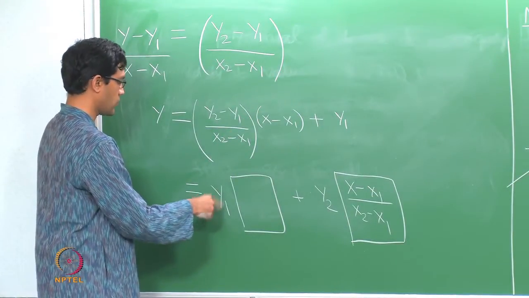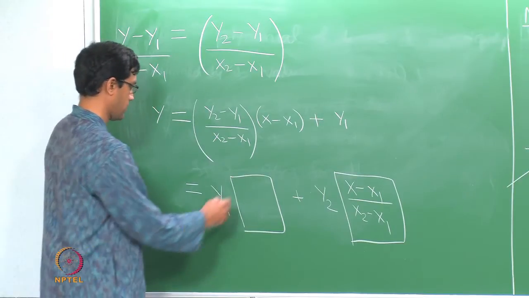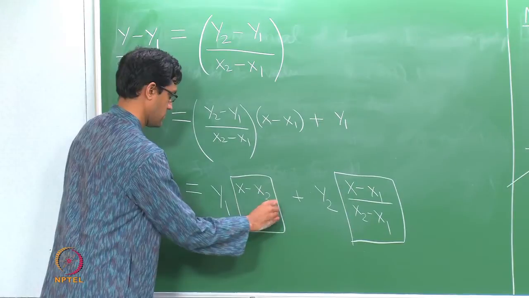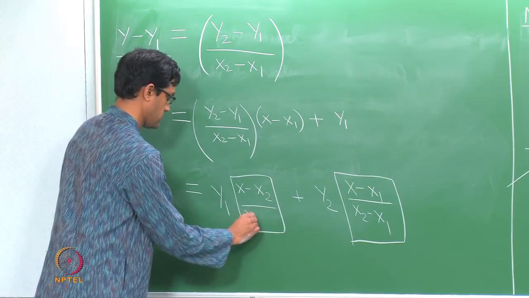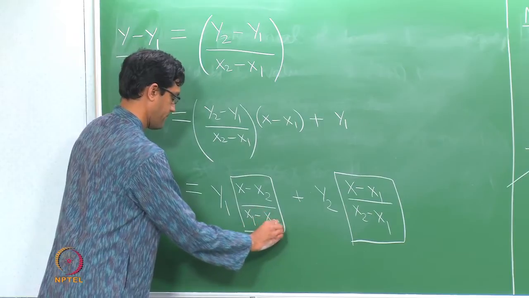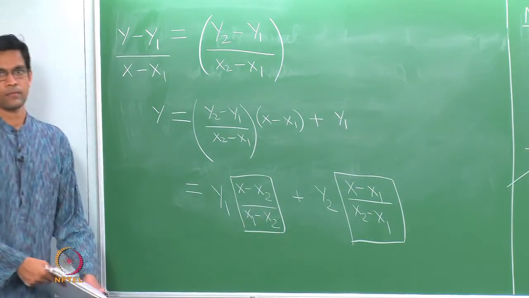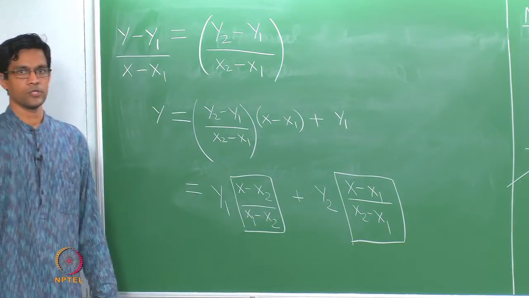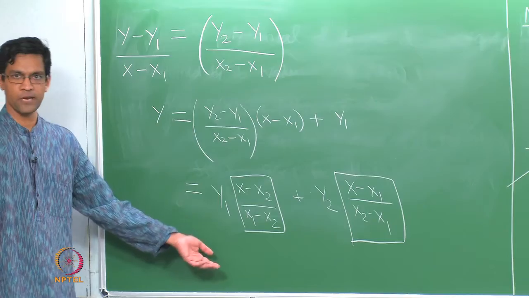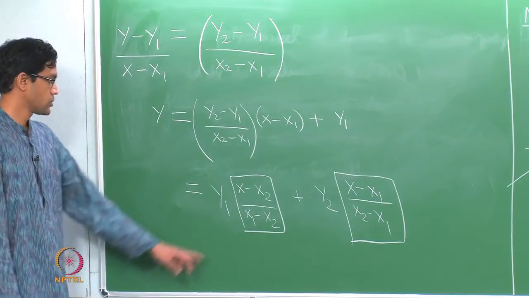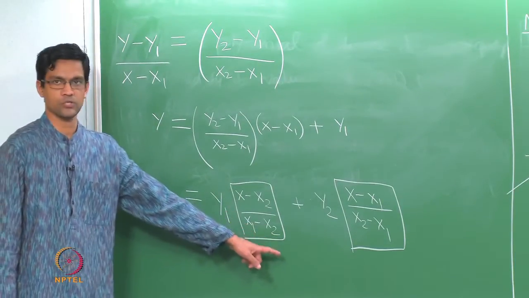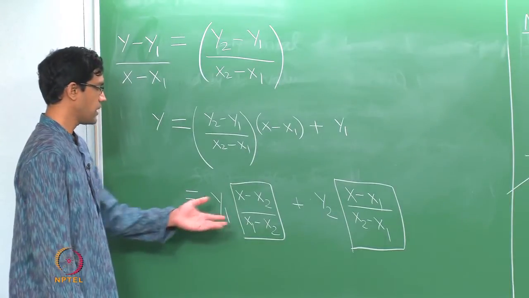So if you see what the y1 coefficient looks like, okay, here's another way of rewriting the same expression. I've just done a little bit of manipulation. You should check that this is correct. So it is y1 times (x minus x2) divided by (x1 minus x2). Okay, so that's the equation of the line.